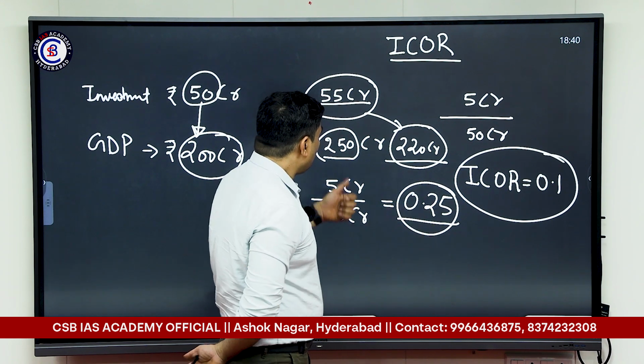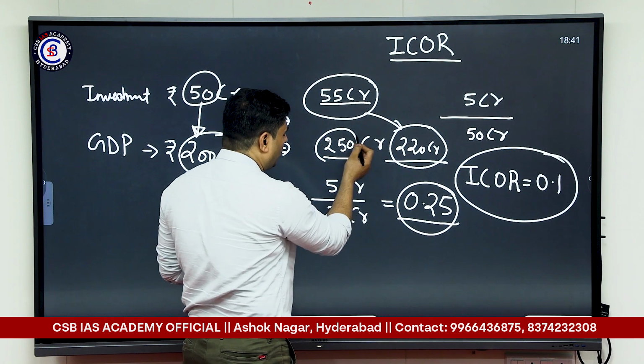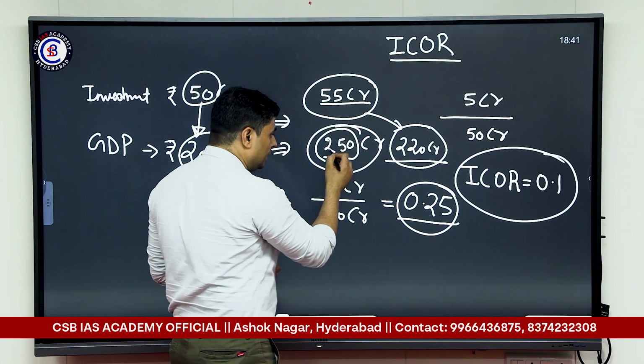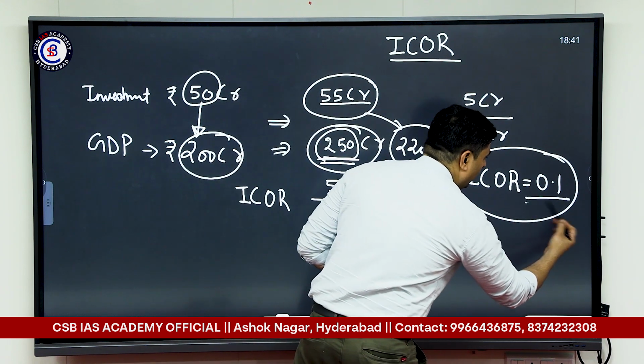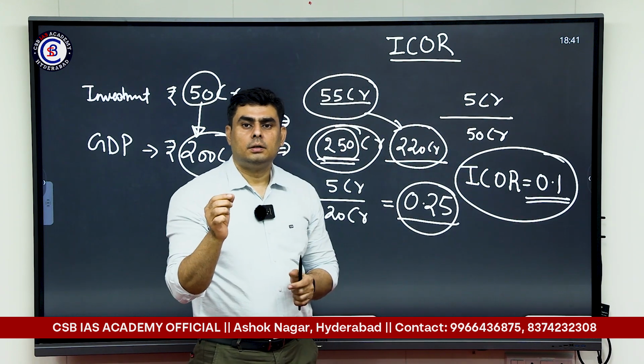Now, if we want to achieve a GDP of 250 crore, we must have an ICOR value of 0.1.